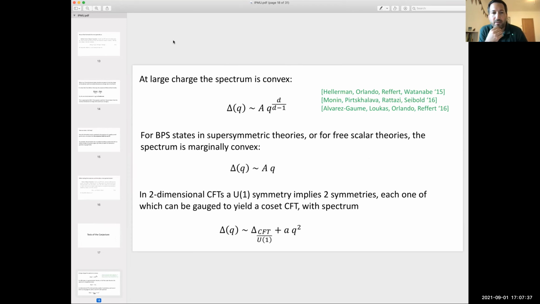So when we talk about tests, let us first of all think about the general picture for CFTs. Can this thing even make sense generally before we even talk about specific theories? So one thing, of course, that this conference is about is that at large charge, for sufficiently generic CFTs anyway, the spectrum is actually convex. It goes as a power of Q with some positive coefficient, where Q is raised to a power bigger than 1. That means that it's convex.